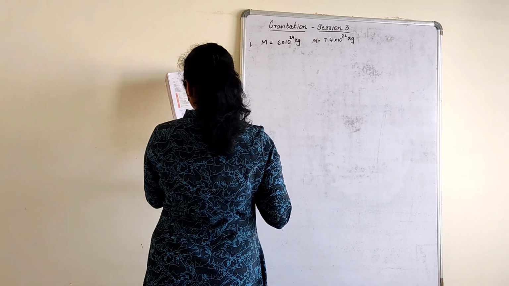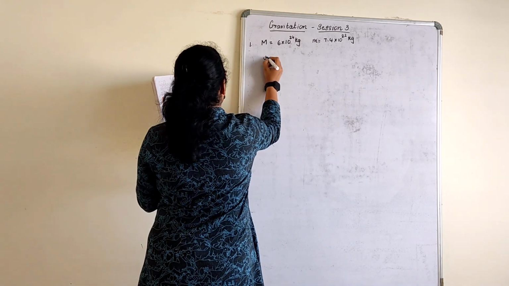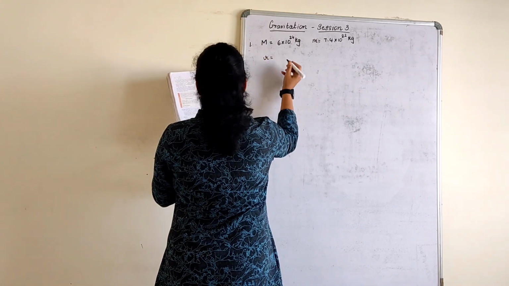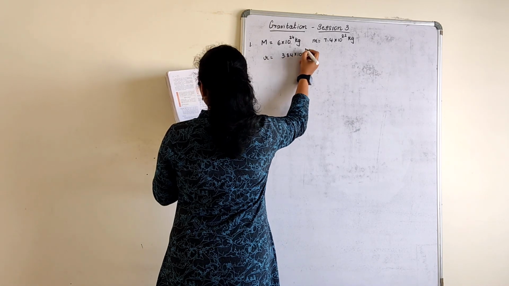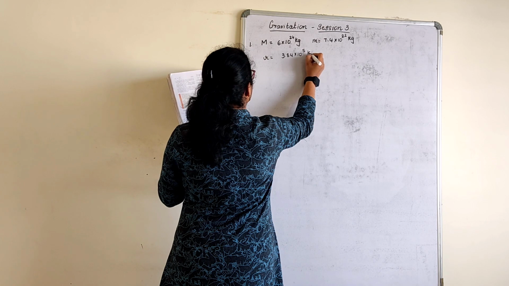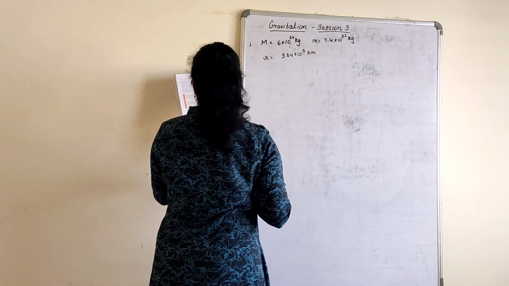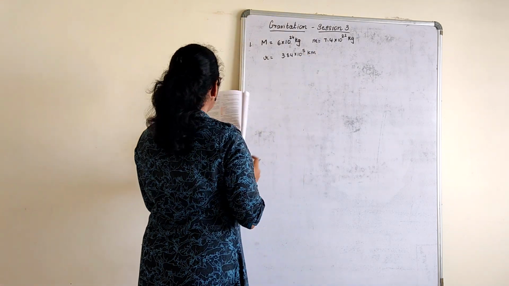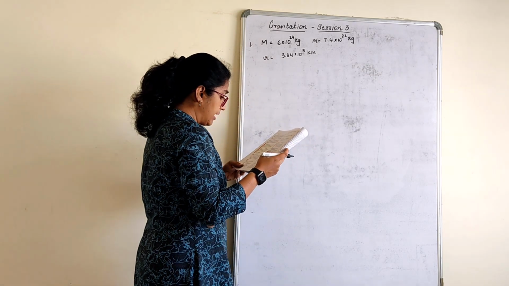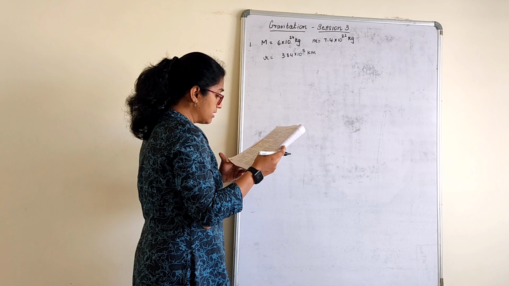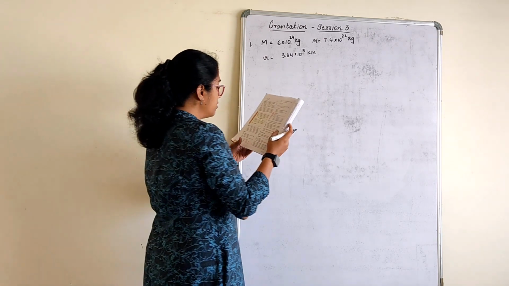If the distance between the earth and moon is, shall we consider that as R, 3.84 into 10 raised to 5 kilometer. Calculate the force exerted by the earth on the moon.